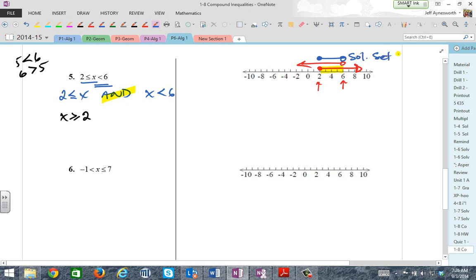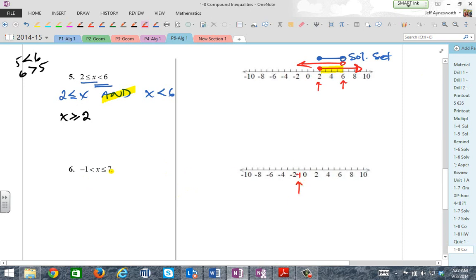So typically when I just do it here, what this means is all points between 2 and 6, including 2 because of the equal to part here. Once you get experience, you're going to go right to the solution set and bypass what you see in red. So for example, my 2 reference points are -1, which is right here, let me put it in red, there's my first reference point.